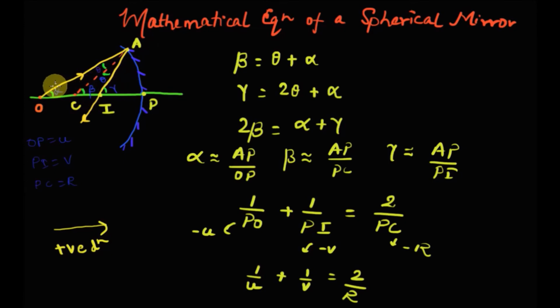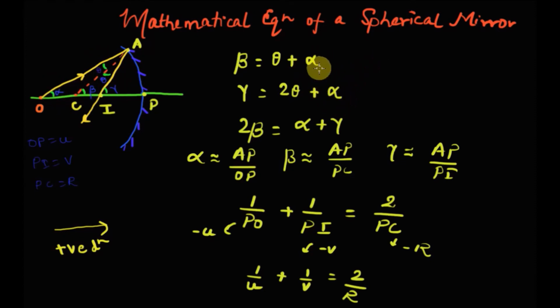Let's denote angle AOP as alpha, angle ACP as beta, and angle AIP as gamma. Now if we consider the triangle with angle OAC, beta is equal to theta plus alpha by the property of a triangle. If we consider angle OAI, gamma is equal to 2 theta plus alpha.